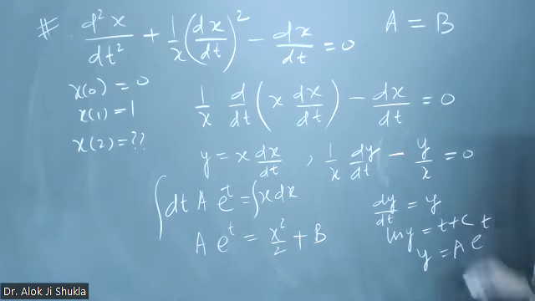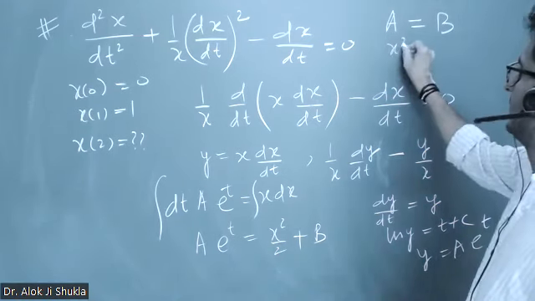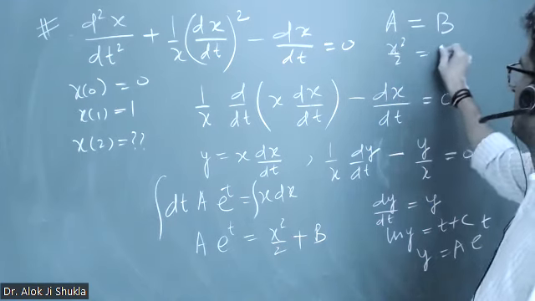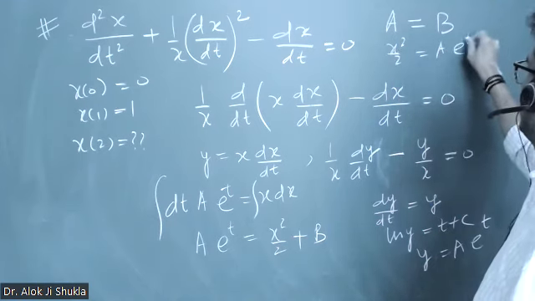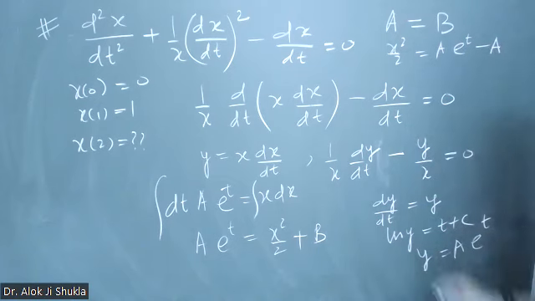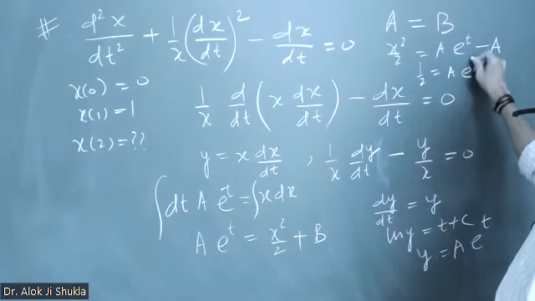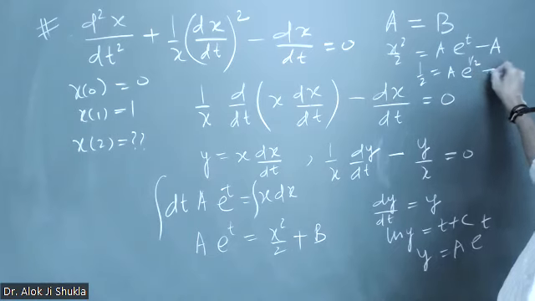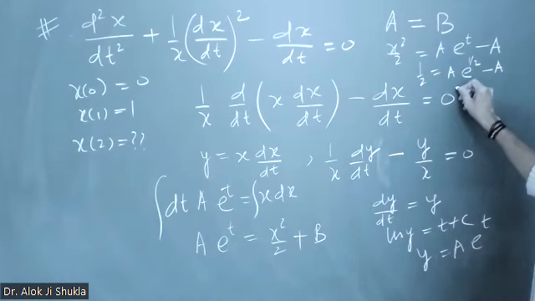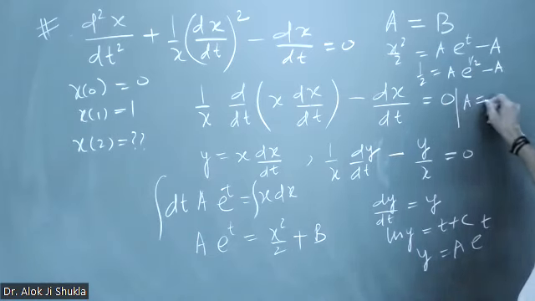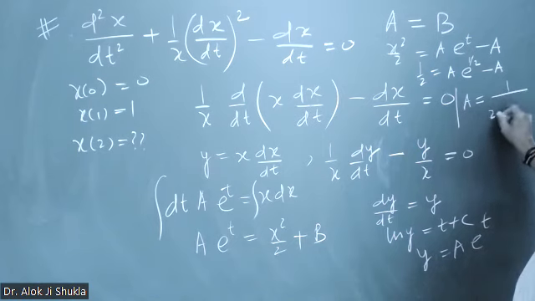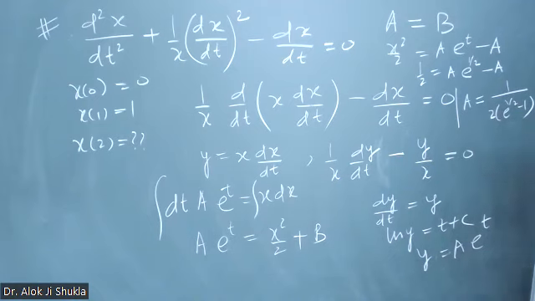So our equation reduced to x square by 2 is equal to a e to the power t minus a. x1 is 1. So 1 by 2 is a e to the power 1 by 2 minus a. So a is 1 by 2 e to the power half minus 1.